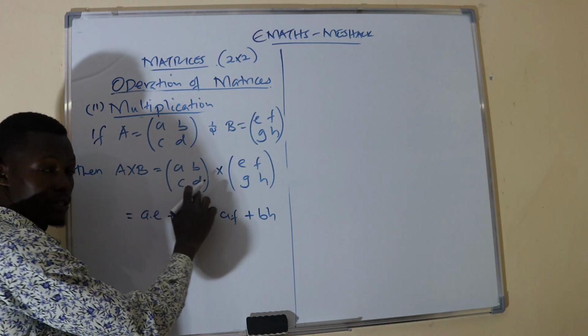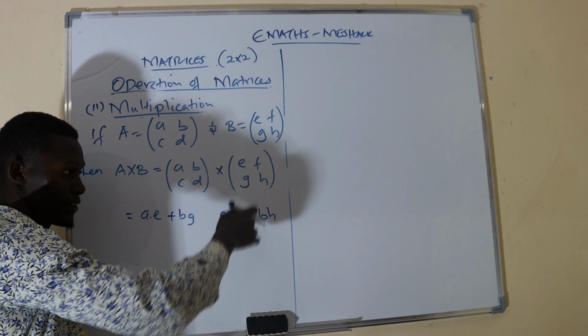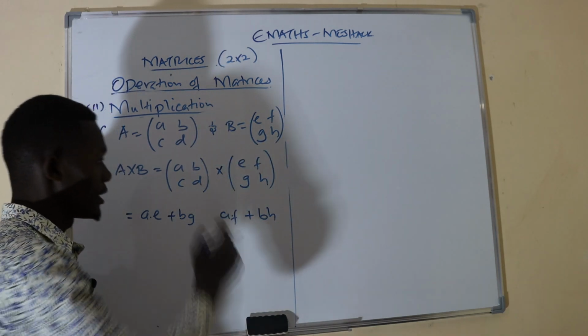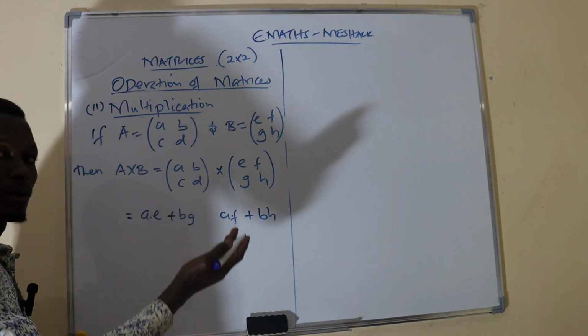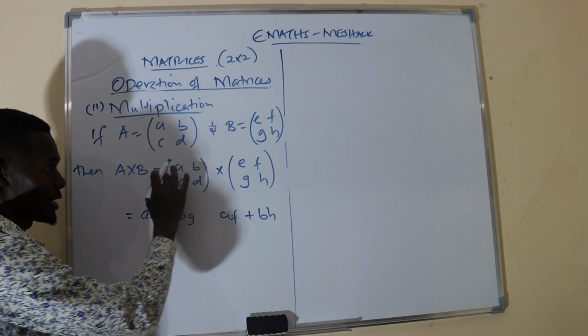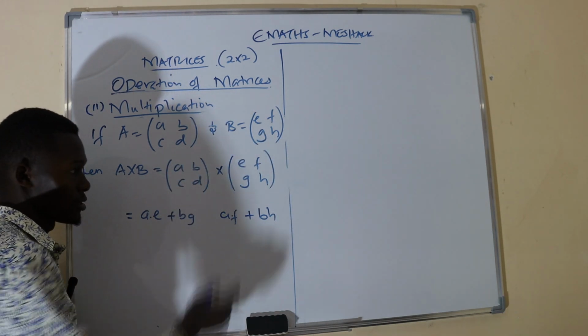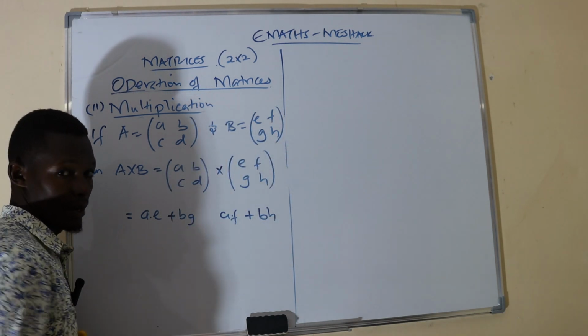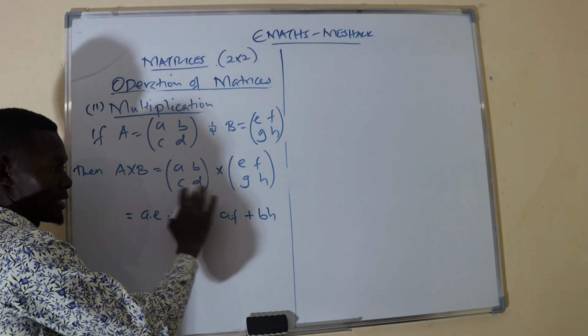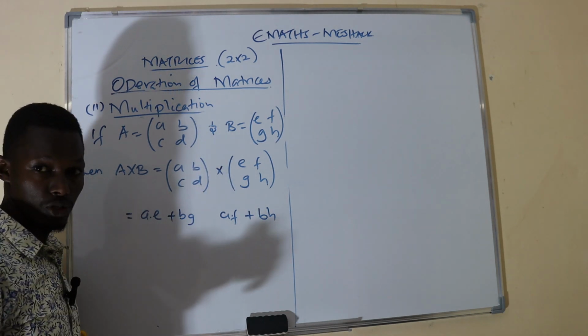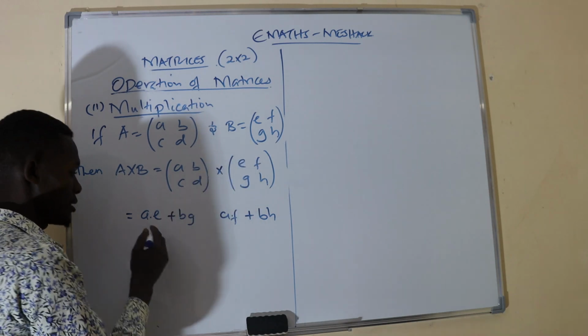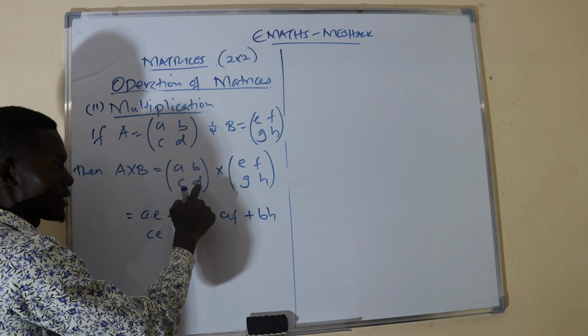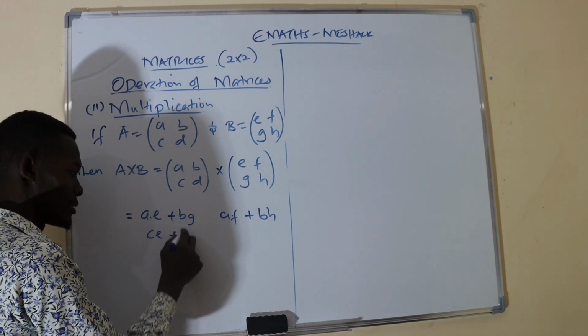Then you come to the second row. The second row again multiplies the first column and the second column. So you can see every row multiplies both columns on the other side, together. So it is AB multiplied by EG, then AB again multiplied by FH. Then you come to the second row, and again the same procedure takes place. So C times E gives us CE, then plus D times G, DG.